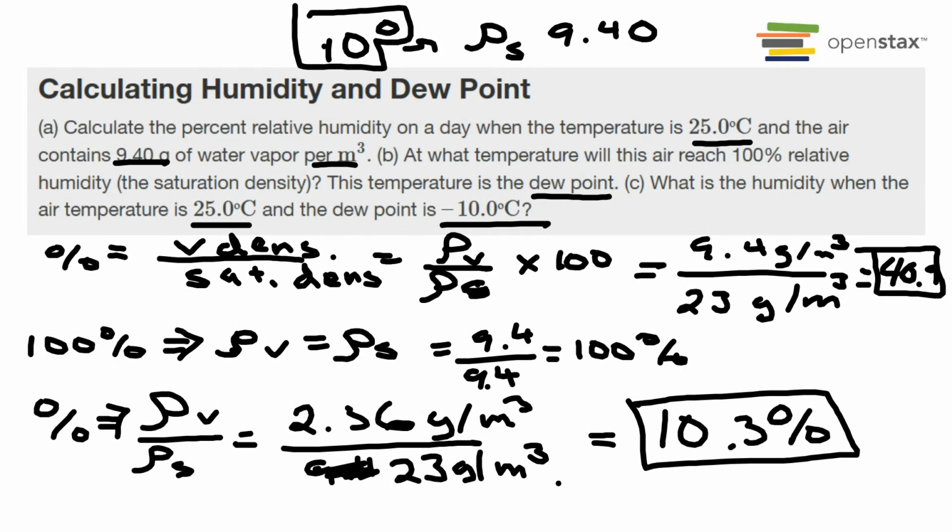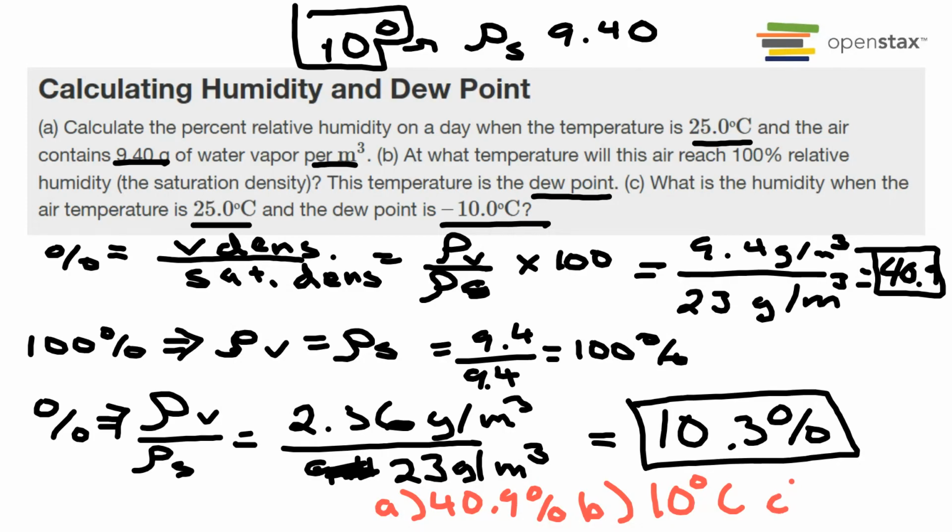So to recap, I'll write this in a different color. My answer for part A is 40.9%. For part B, my answer is 10 degrees Celsius.